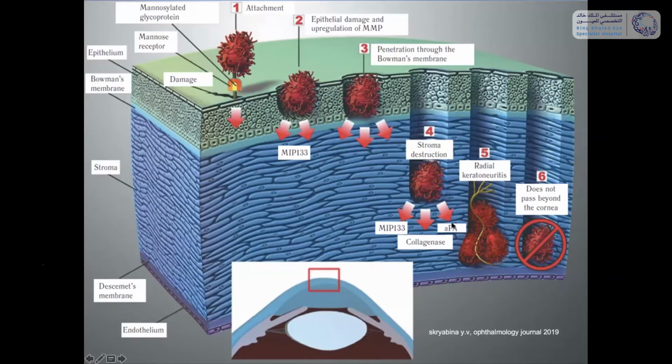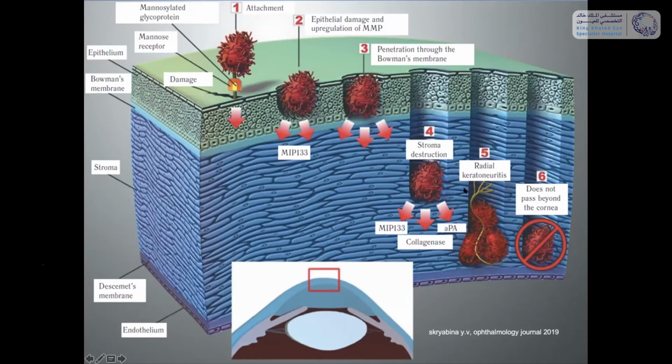All these components will act on the stroma to destroy the keratocytes and to necrotize the collagen, and this will aid further deep penetration of the Acanthamoeba trophozoite.